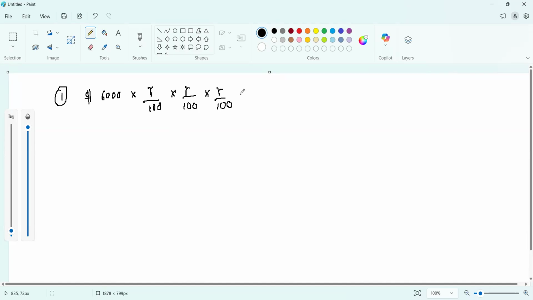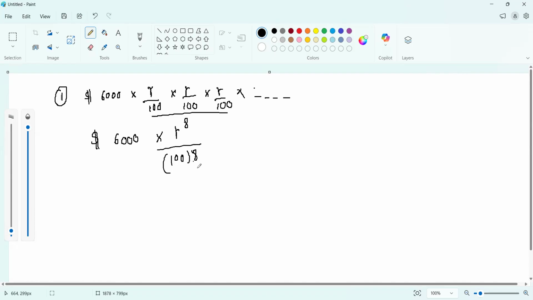Like that, how many years is it taken? 8 years. So you can write here 6,000. How many R's? There are 8, so R to the power 8, over 100 to the power 8.